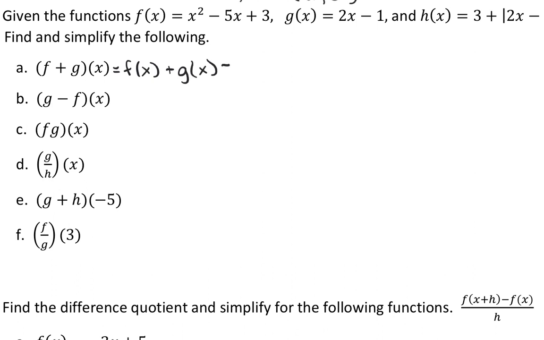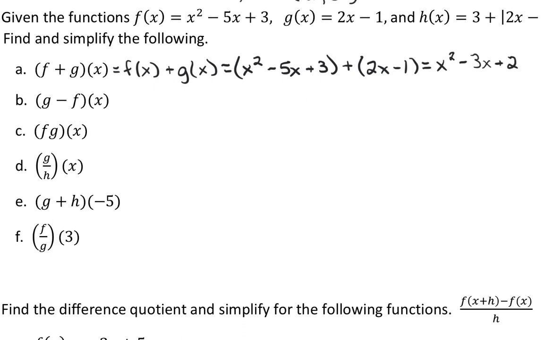So then once we have this, we can just add the two functions together. So we have x squared minus 5x plus 3 plus 2x minus 1. And this will simplify to be x squared minus 3x plus 2.